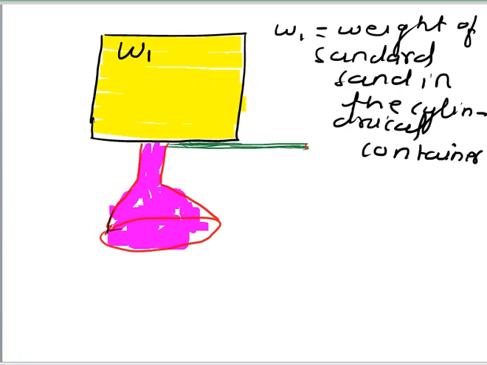Let this weight be W2. The level of sand will fall down now.